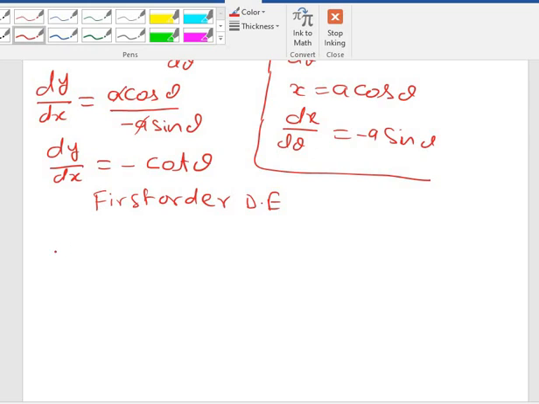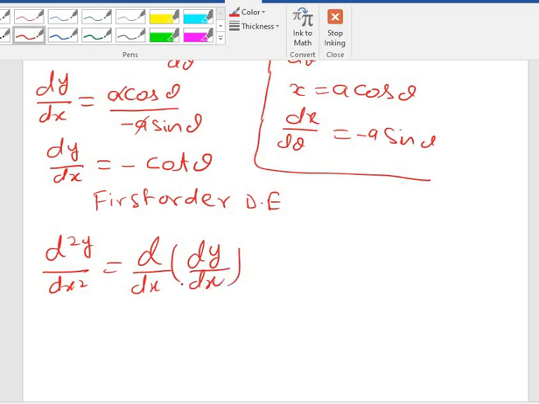Now if you want to write the second order, it is d2y/dx2, which means d/dx of dy/dx. It means you need to differentiate dy/dx with respect to x. What is dy/dx? dy/dx is minus cotangent of theta.